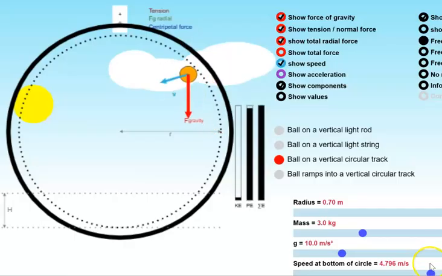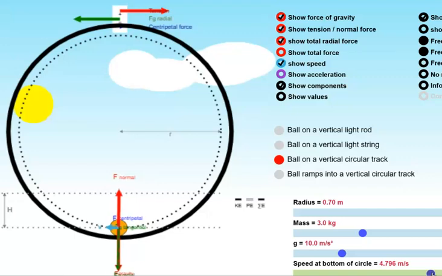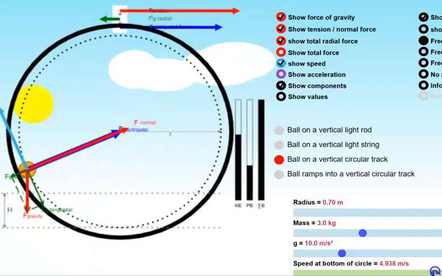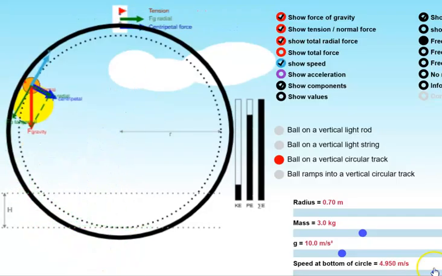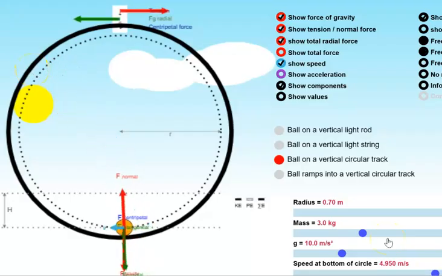Now, the key thing is the forces that are acting on the object aren't coping. The reaction, that sort of tension that you had with the string, and in this instance it's just a force that's being exerted by the cylinder on the object, goes to zero basically. So you'll see in a second the red arrow is going to go to zero. I might try and do that again.